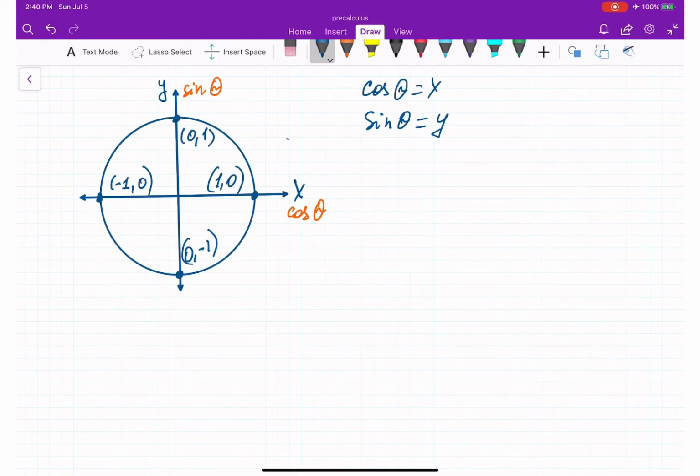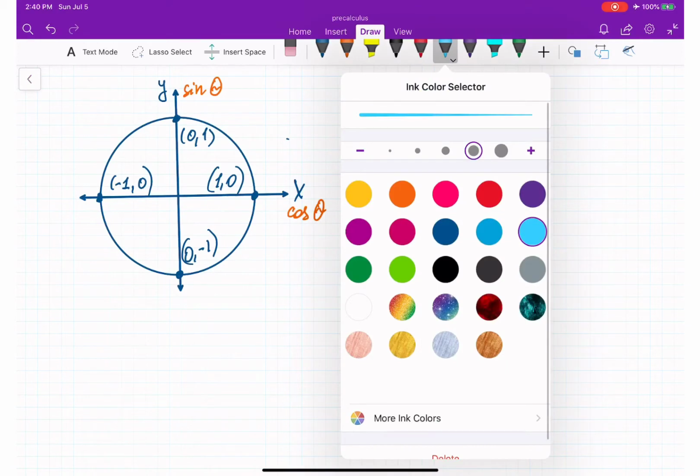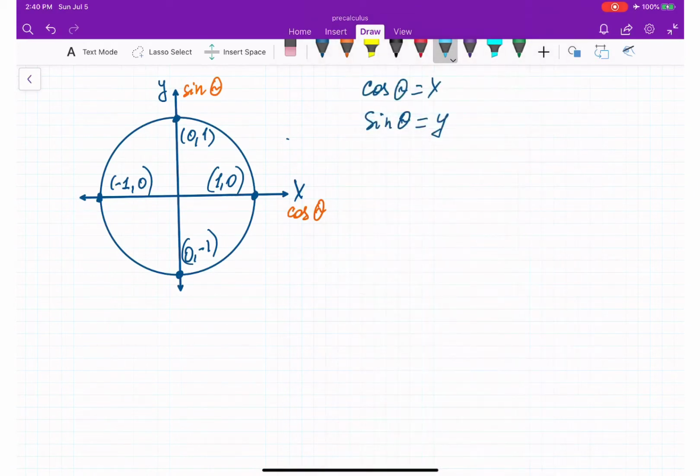Okay, and let me write down also the angles in radians. Here we have 0 radians. We have here 2 pi. Here we have pi over 2 radians. We have here pi.